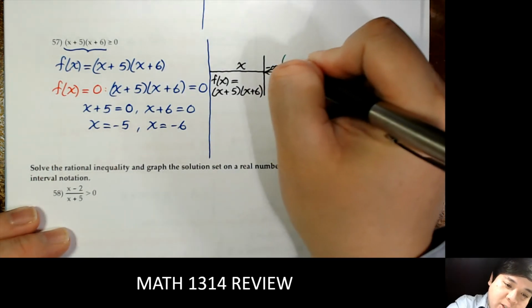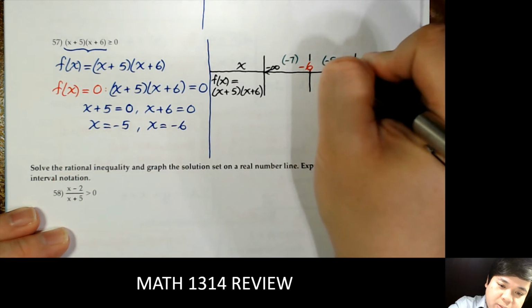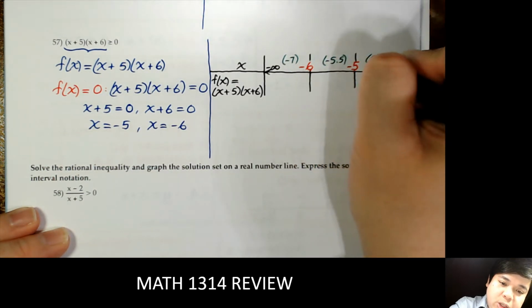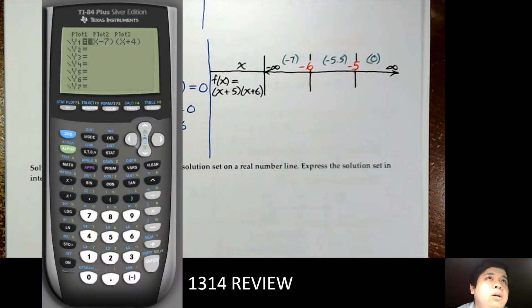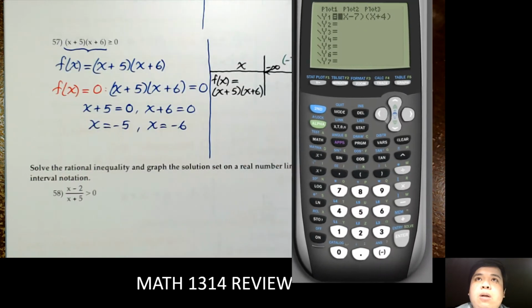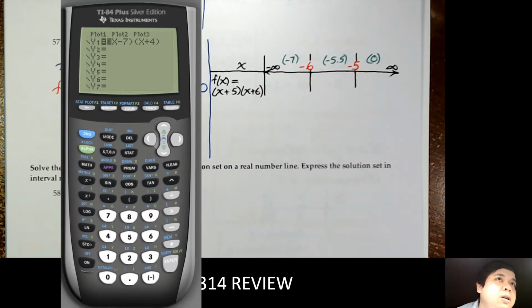Right, test point. Let's choose negative 7 here, negative 5.5, and 0. Once again, I'm going to use the calculator. Right, just put that here: x plus 5, x plus 6.